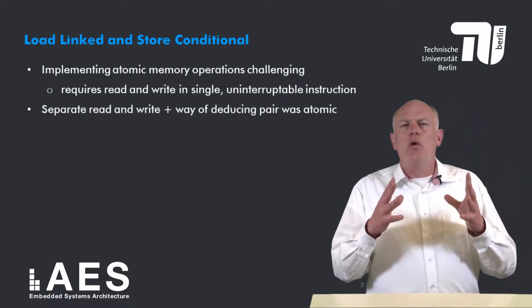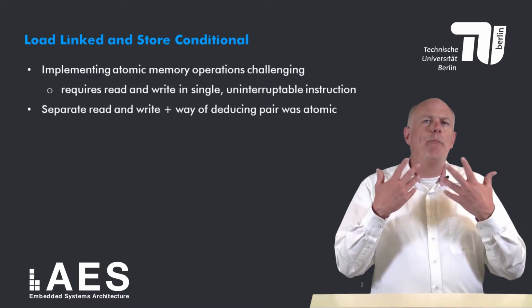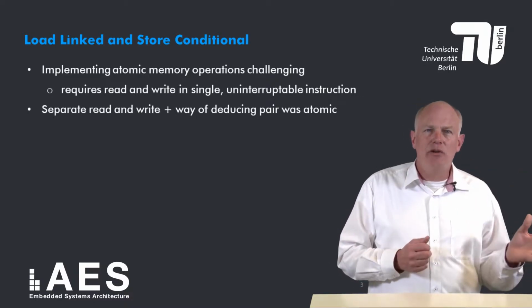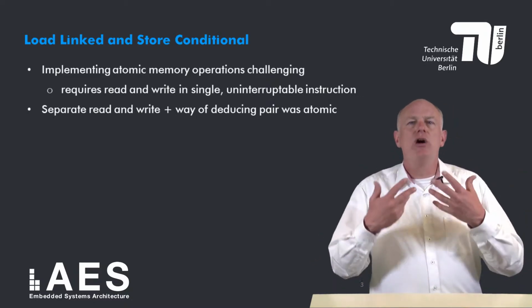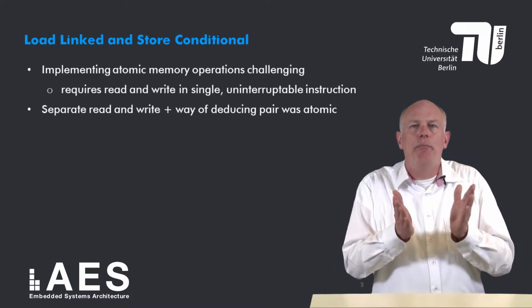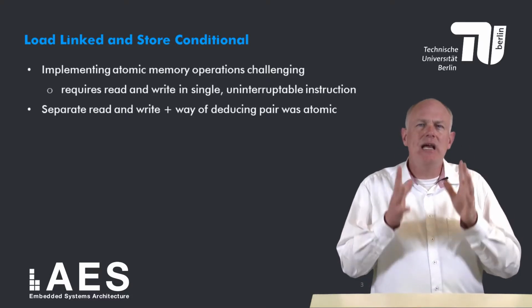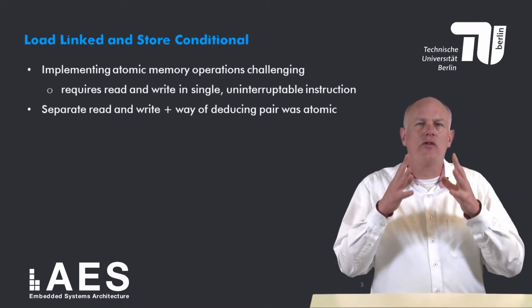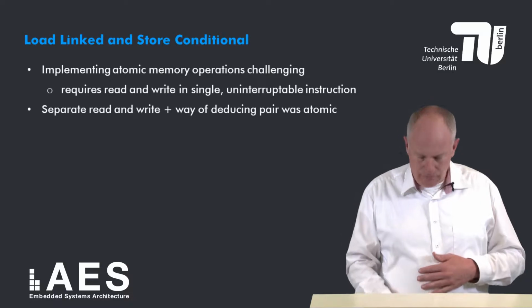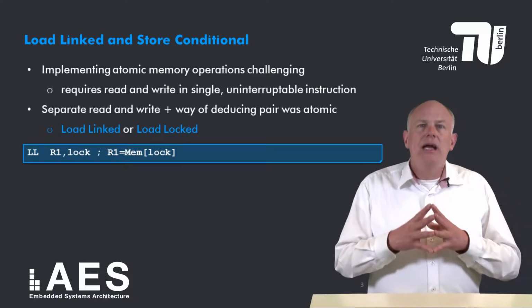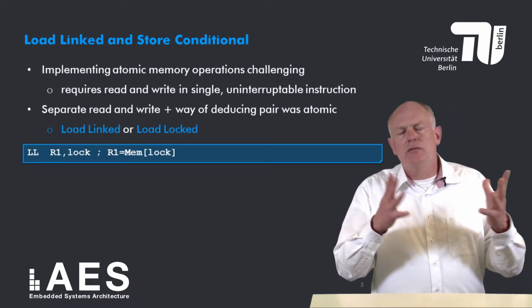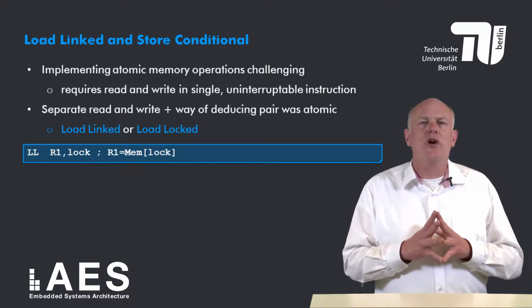One way to solve this problem is to provide a pair of instructions, a separate read and a write, plus a way of deducing if the pair was executed atomically. This is the idea behind the load linked and the store conditional instructions. It starts with a load linked, sometimes also called load locked instruction.